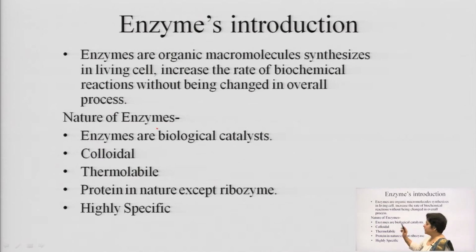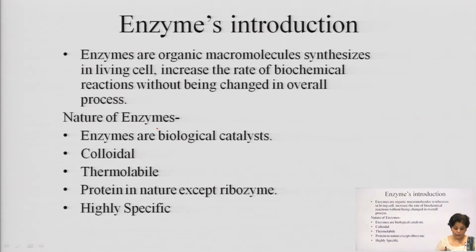They are colloidal in nature. Why are they colloidal in nature? Because the enzymes are very large molecules, giant size molecules. If we see the molecular weight of the enzyme, it is almost 12,000 Dalton to 1 million Dalton. So, it is a very large molecule.